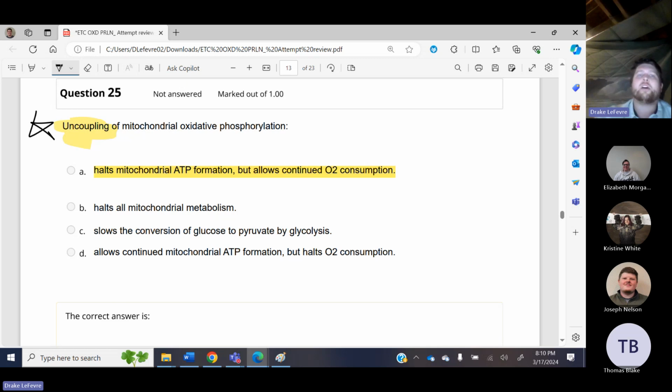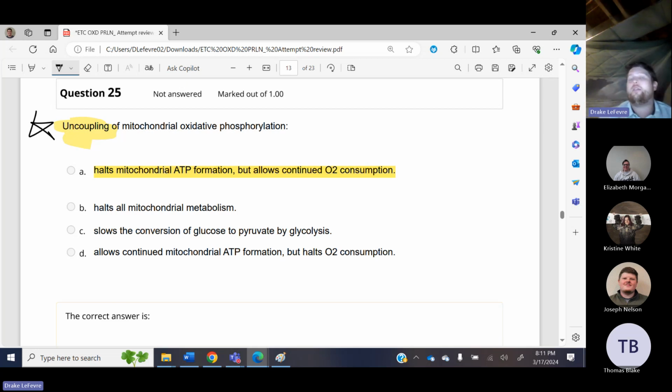When we talk about uncoupling of the mitochondrial electron transport chain, it's literally kind of the breaking down of it. If you uncouple the individual components, you separate them so that it's not functioning as it should. If we separate the proteins within the chain, they're not going to continue to pass the electrons like they're supposed to.